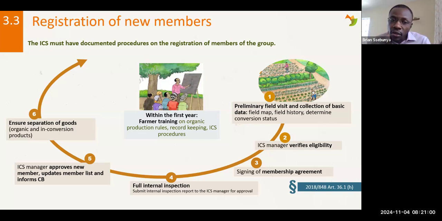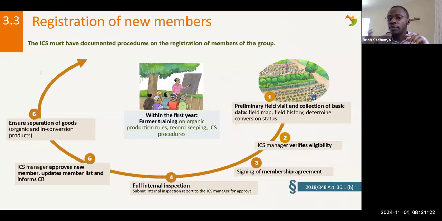When you look at this slide, it's very clear. You can see the what, the who, and the when, because in the first year we are saying this, so there is an element of time, and then you can see the how. What is not included here are the templates used.